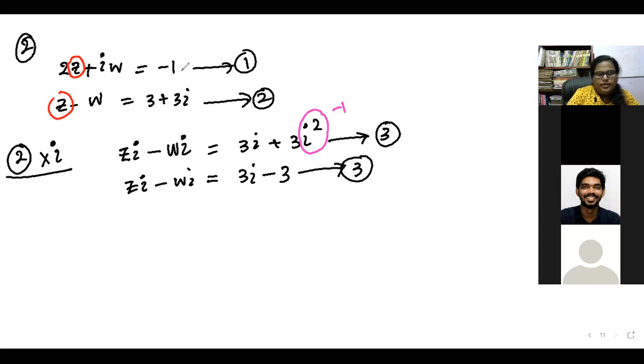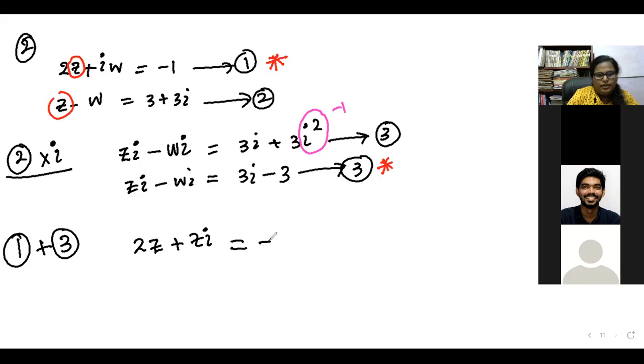So by using these two equations, equation 1 and equation 3, you can add them and go for the solution. Now I add equation 1 and 3. So 2z plus zi plus zi. Here the iw and minus iw cancel out. On the right-hand side, we have minus 1 and plus 3i minus 3.